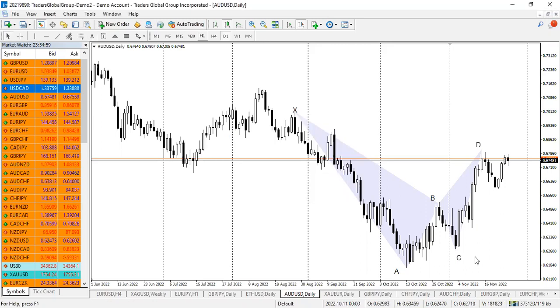So we say C is a retracement of AB and D is a retracement of XA. So this is correct. In other words, we are looking for an opportunity to sell. So this is a Gartley. Yeah, it is.